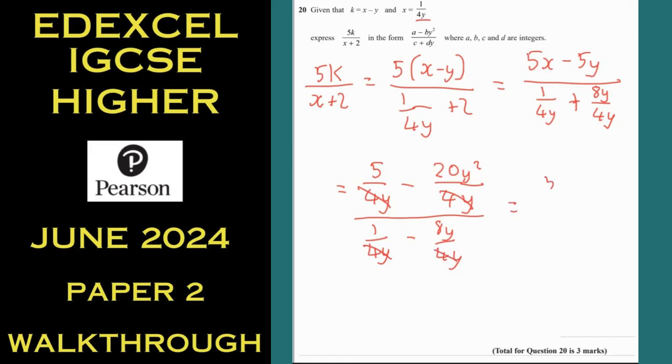So we're left with 5 minus, by the way, I've magically turned that positive into a, yeah, should be a positive. I get 5 minus 20y squared on the top, and I get 1 plus 8y on the bottom.